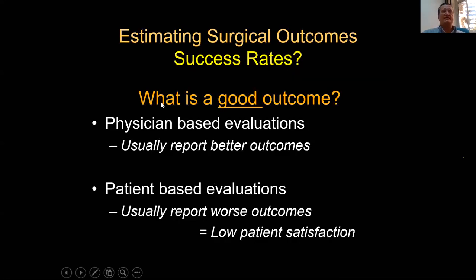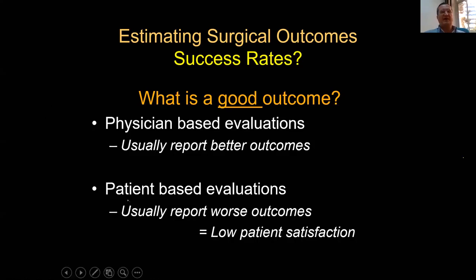For the success rate, the outcome tests, if they are physician-based evaluations, usually report better outcomes. You can read from the literature 99% success rate, because the surgeon is declaring to the patient that, hey, you are good.